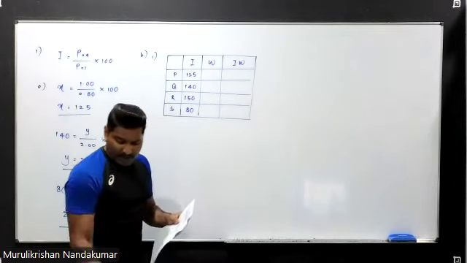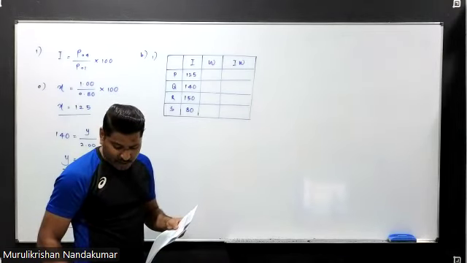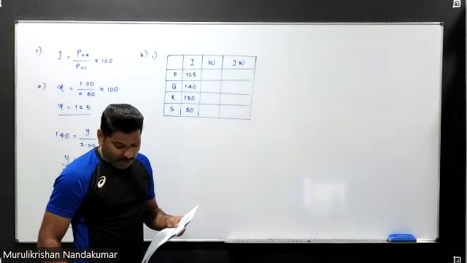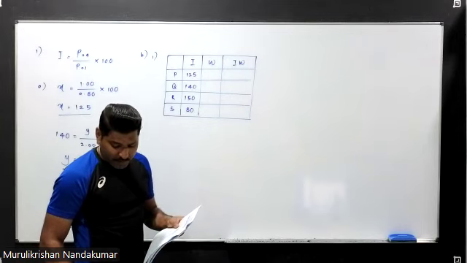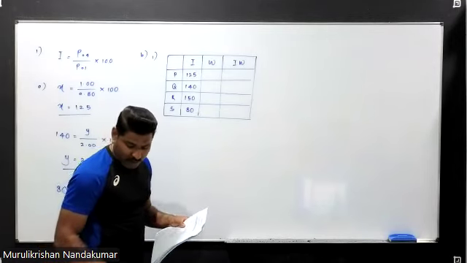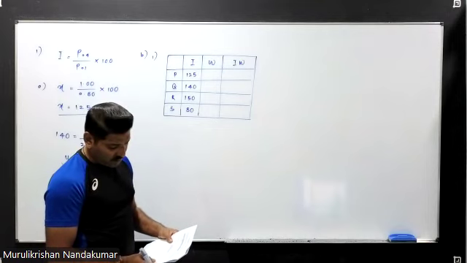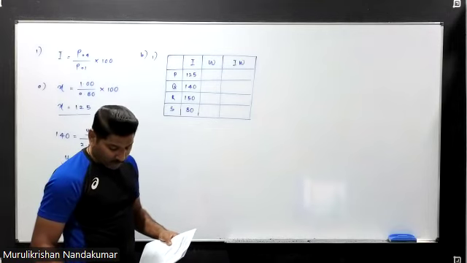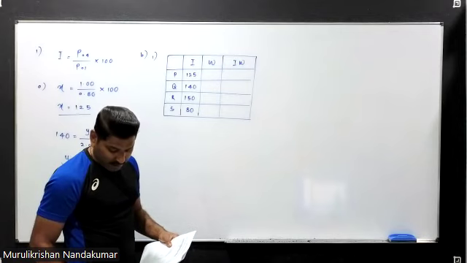P is not given there, so I'm going to take my calculator: 360 minus 120 minus 100 minus 60.